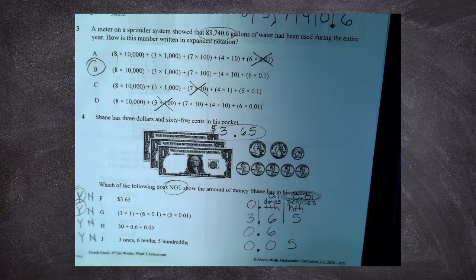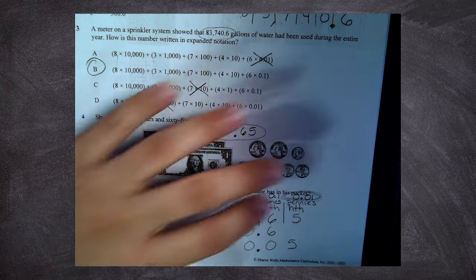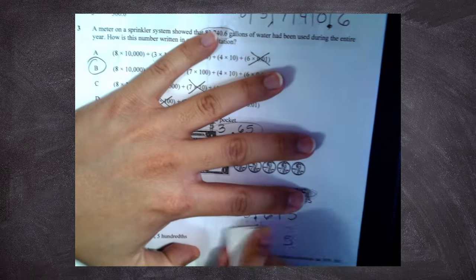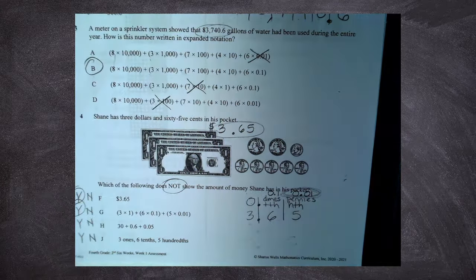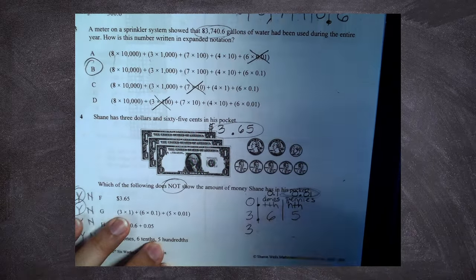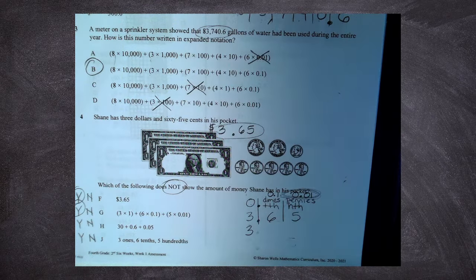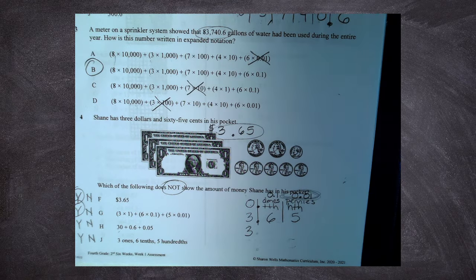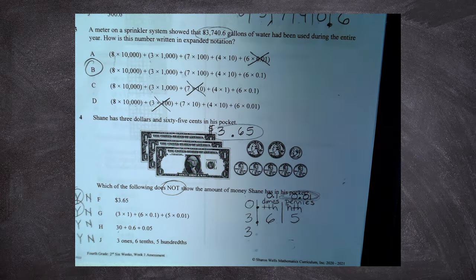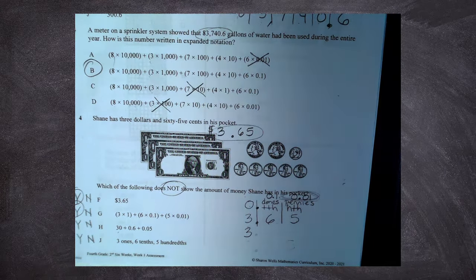But I do like that you noticed something about answer choice H. Look what happens if I have the 3 by itself. It's just $3 and it doesn't have any cents in it. Just $3. Look what they put. $30. $30 is a lot different than $3.